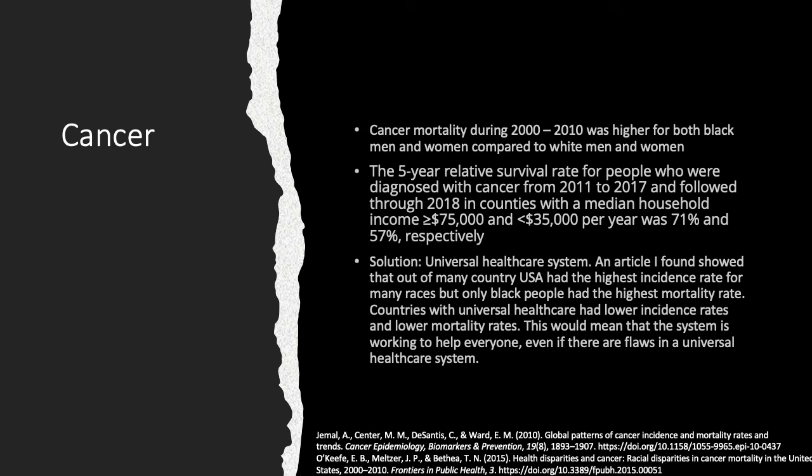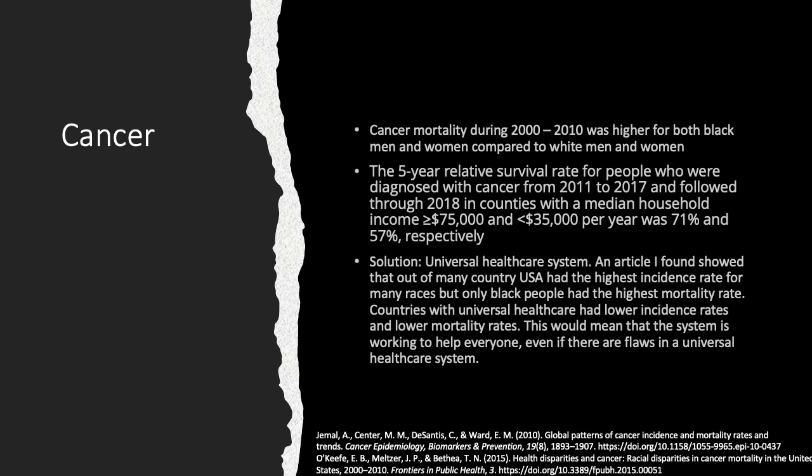And what I think is the solution, because there are a lot of disparities in the U.S. healthcare system right now, would be a universal healthcare system. An article I found actually showed that out of many countries, the U.S. had the highest incidence rate for many races, but only Black people had the highest mortality rate, which was really interesting.